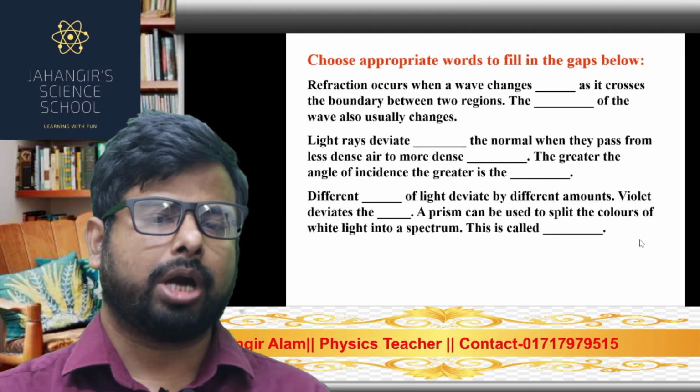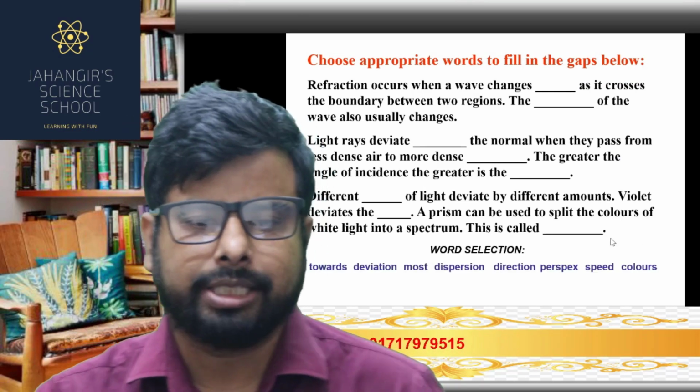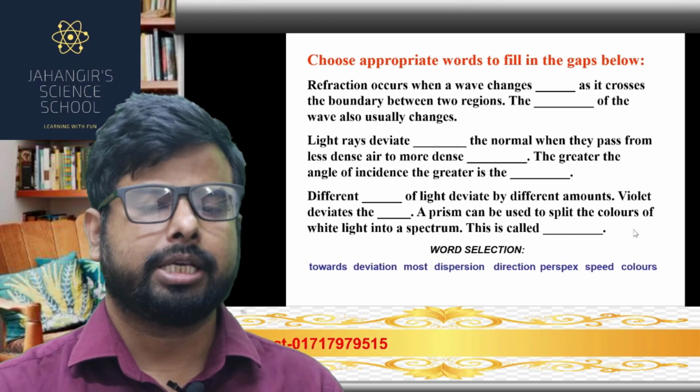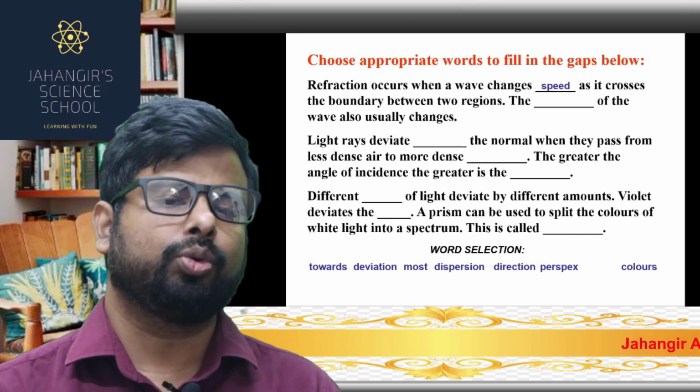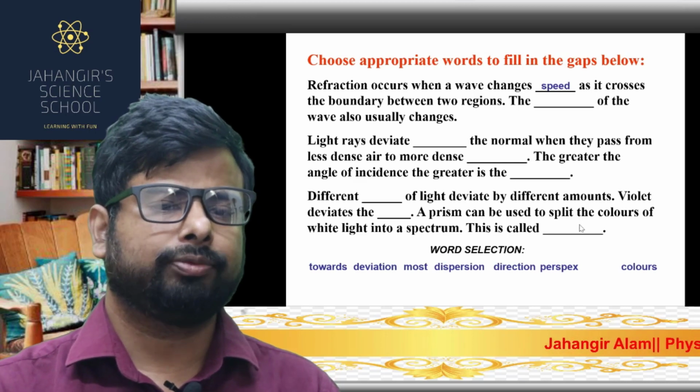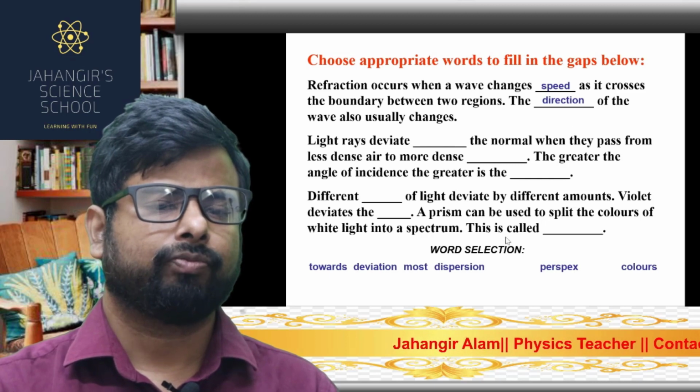Choose appropriate words to fill in the gaps below. Refraction occurs when a wave changes speed as it crosses the boundary between two regions. The wavefronts of the waves also usually change direction.